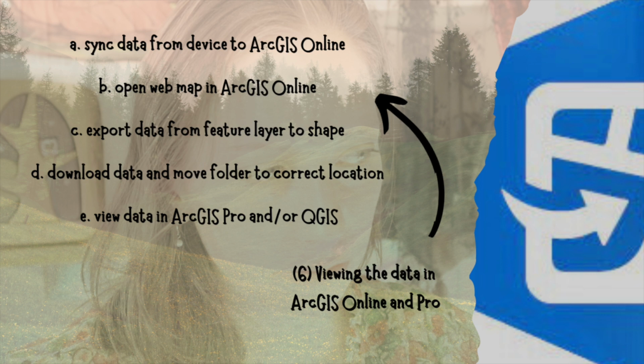We will open the web map in ArcGIS Online to see our collected data. We will export the data from our feature layer to a shapefile. We will download the data and move our new folder to the correct location on our computer. And then we will briefly view the data in ArcGIS Pro and also in QGIS.